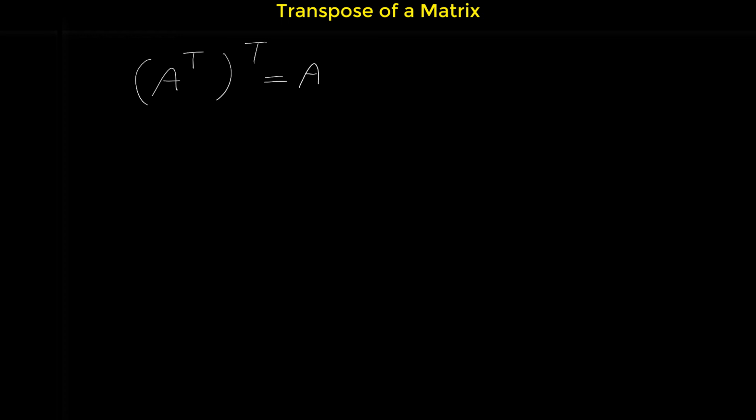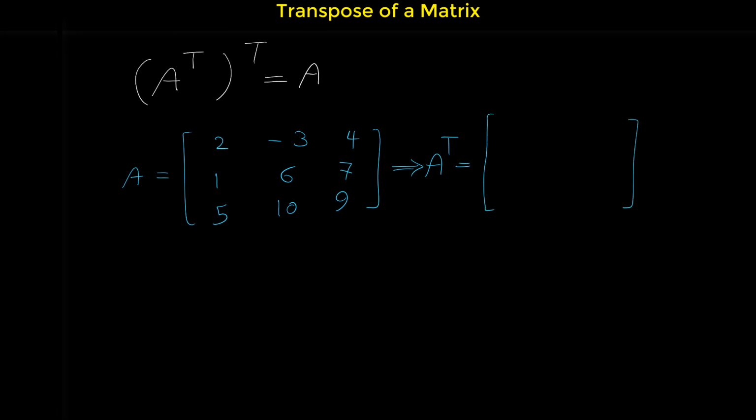In the special case, if we have a square matrix like this matrix, for example, 2, -3, 4, 1, 6, 7, 5, 10, 9. If we transpose this matrix, what is that matrix?